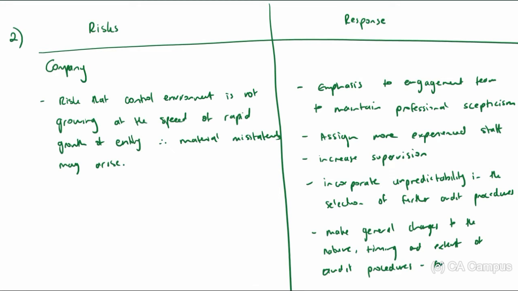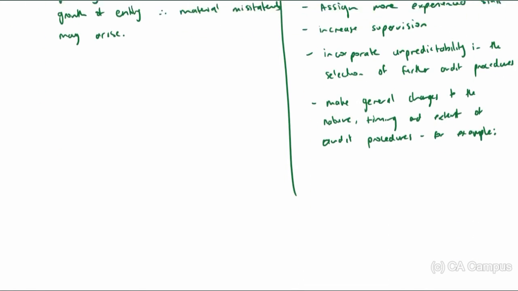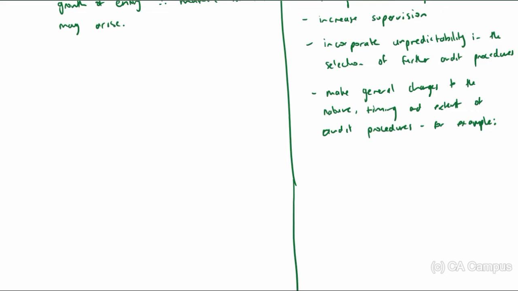For example, and I must give these because I'm not allowed to give detailed audit procedures, but I can give examples of potential changes to each of the elements of the audit plan.